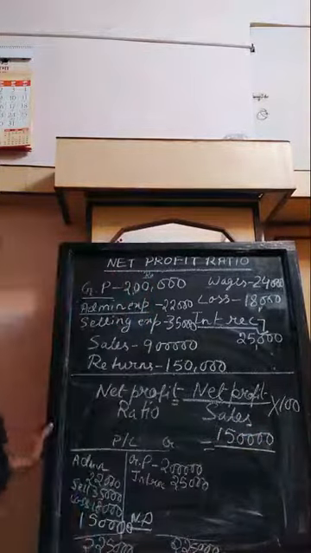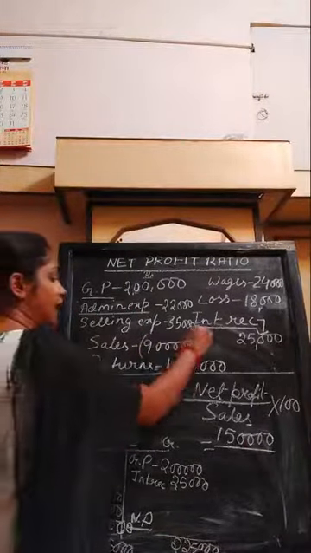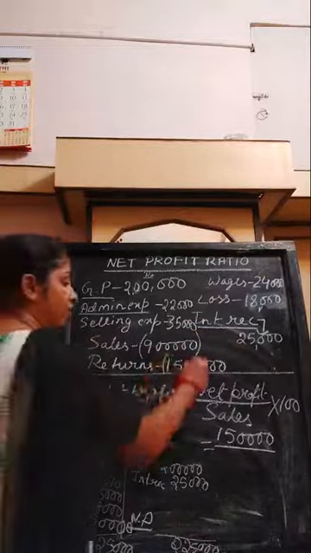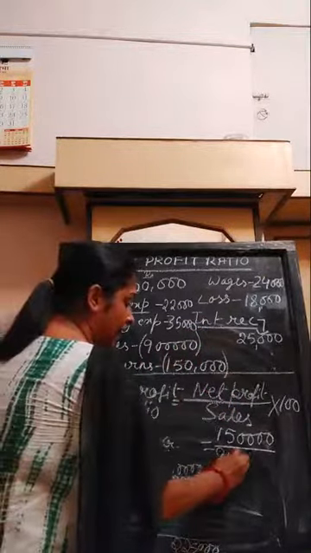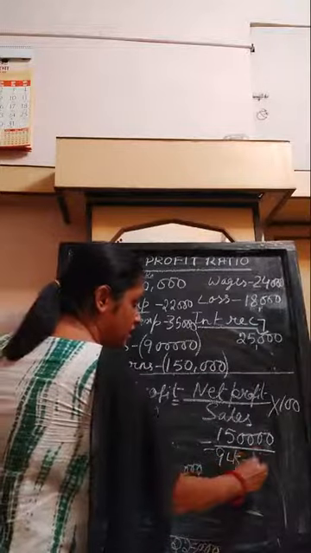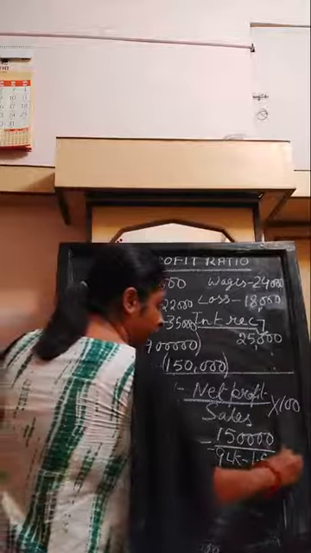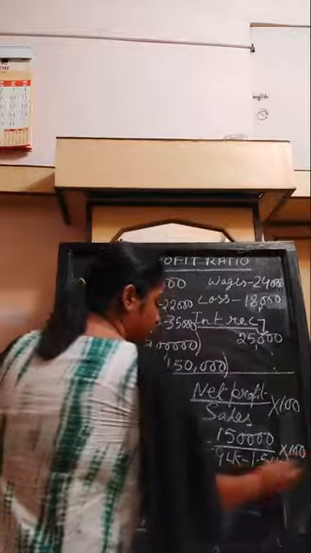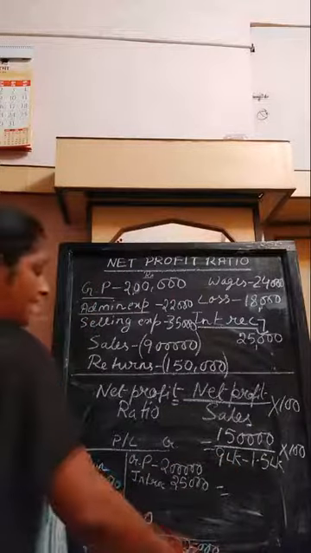And sales, what will we write? We will write the net sales. Now sales was rupees 9 lakh. From that we will deduct 1,50,000. 9 lakh minus 1,50,000 into 100. Due to shortage of space I am writing LK, that is the abbreviation of lakh.